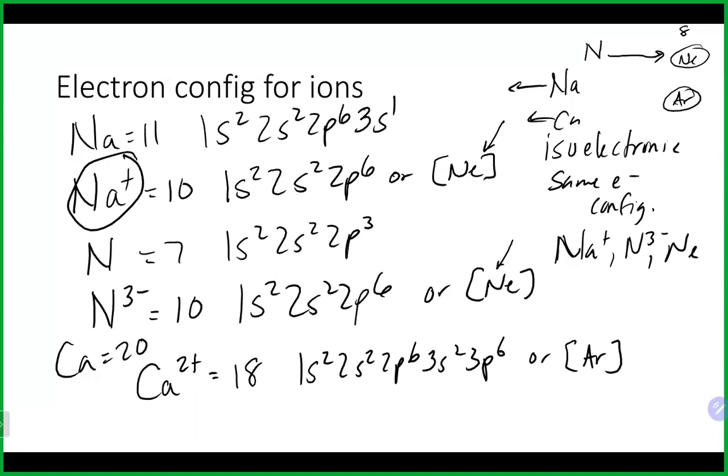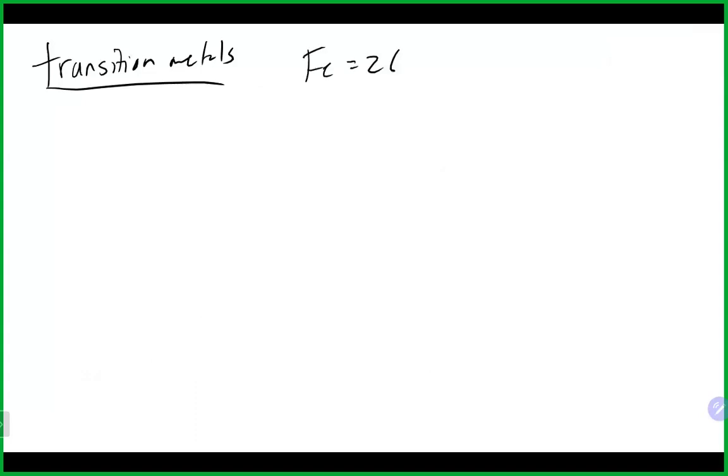Now, what happens in the transition metal region? It is a little bit different for transition metals. Let's just take our friend iron, which is 26, that we just did the configuration for.